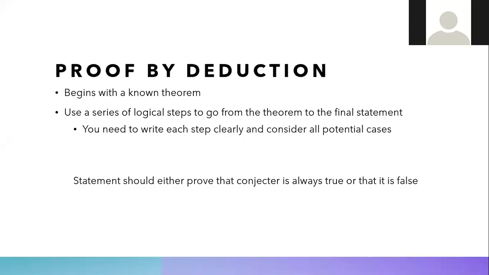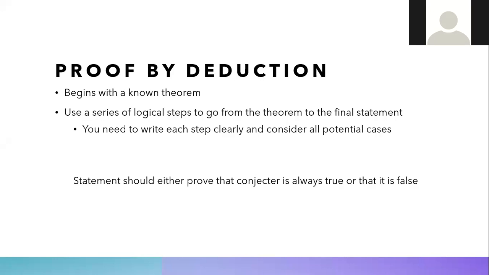So we're going to go on to the first little bit of proof. We are probably definitely going to end a bit early today, but no worries. And we're going to do proof by deduction. What we do with proof by deduction is we begin with a known theorem, and we use a series of logical steps to go from our theorem to our final statement.